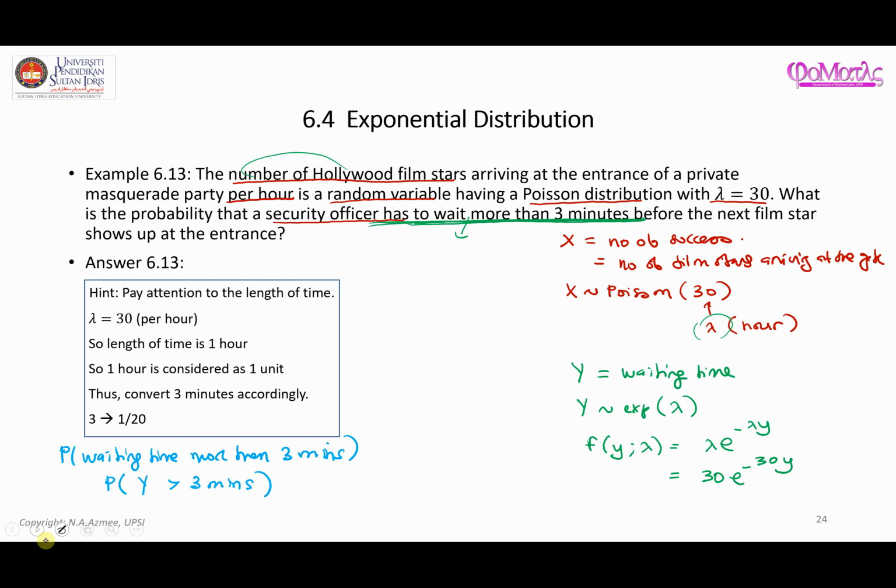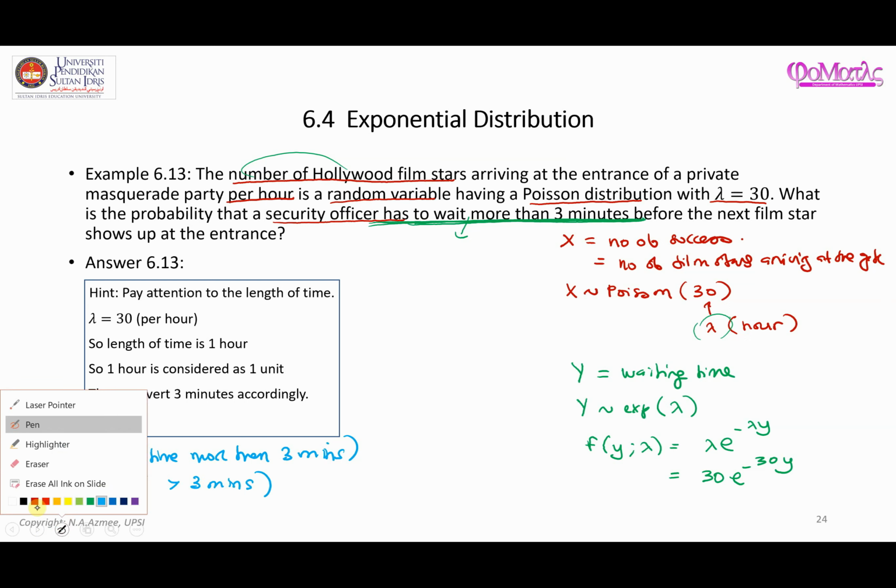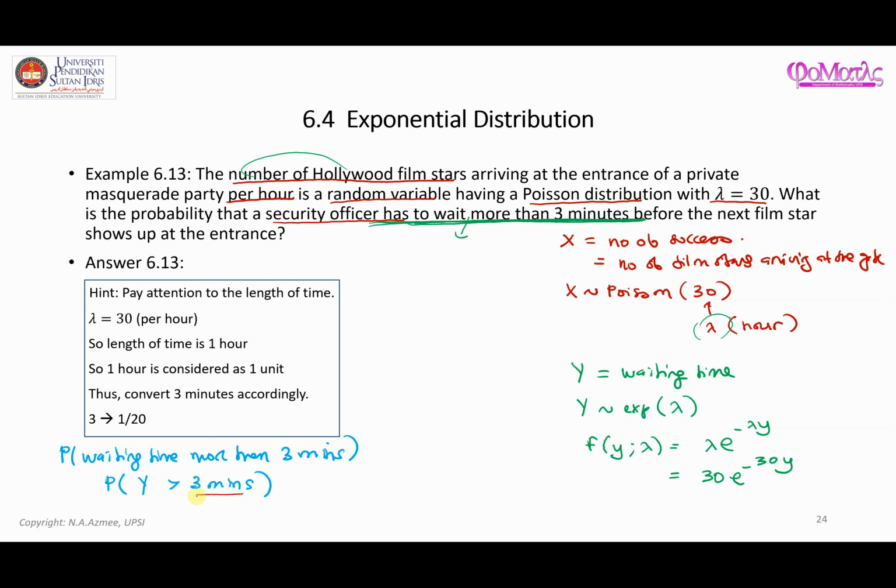And this is the part where you have to pay a bit of attention, because the question is given in minutes, but the value of lambda in this probability density function is given in terms of hours. So we need to adjust the value of 3 minutes so that it corresponds to a unit in terms of hours as well.